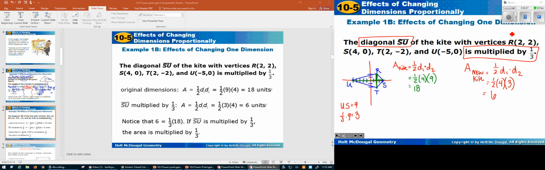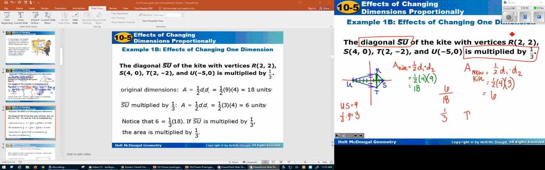Remember, when you divide to see what is the effect, how many times bigger, how many times smaller, you take the new and divide it by the old, the original. So it should be 6 divided by 18. Otherwise, if you do it the wrong direction, it's going to look like it got bigger, but it didn't get bigger, it got smaller. So what is 6 over 18? 1/3.